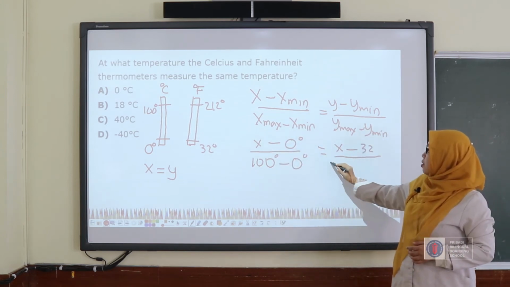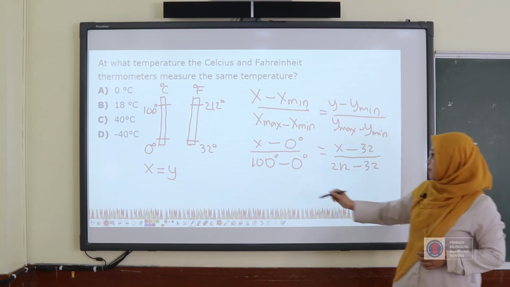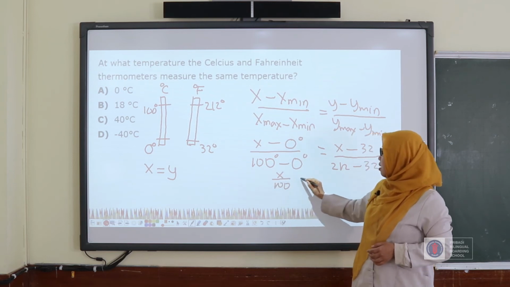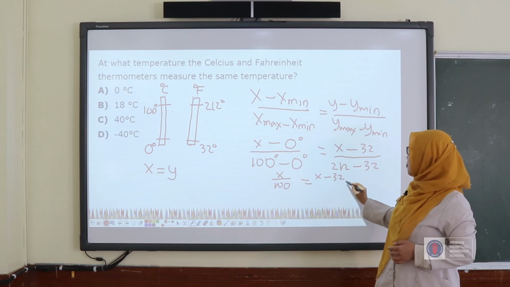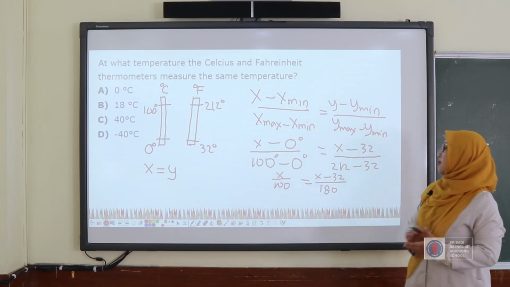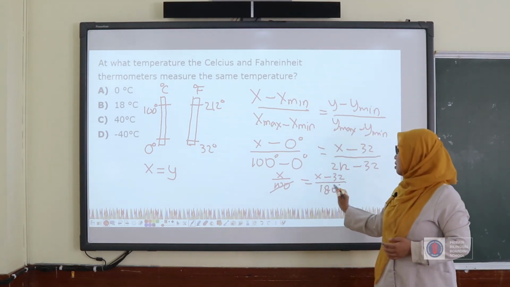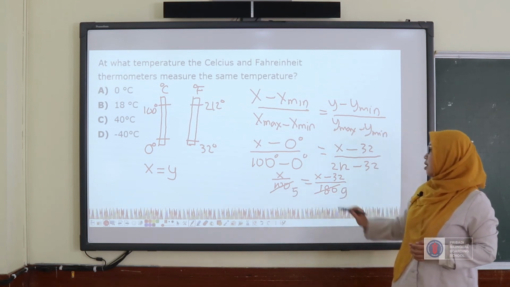over 212 - 32. Okay, so this one is X over 100 equals (X - 32) over, what is it? Yeah, like this, and we can cancel this with this. This one is 5 and this one is 9.